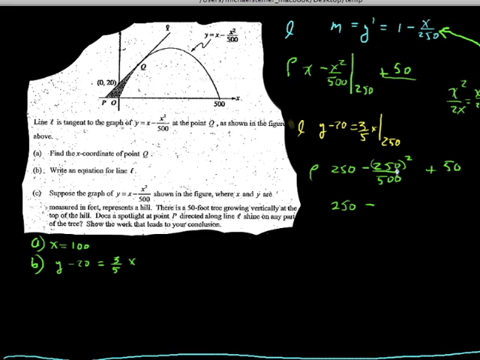That's exactly what we have here, although x is 250. So this is 250 over 2 plus 50. Okay, go back. You can see x is 250. So we have 250 minus 125 plus 50, and that's going to be 175. So this is equal to 175.